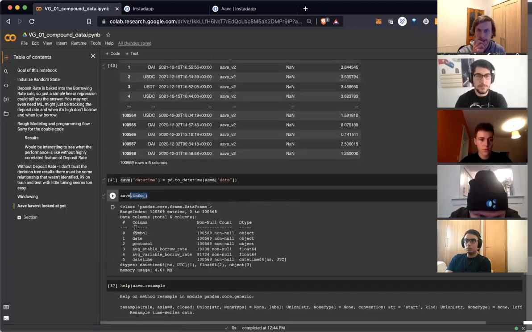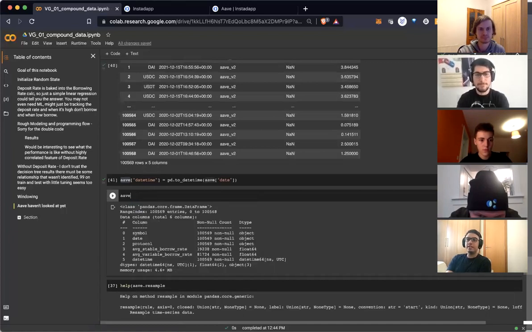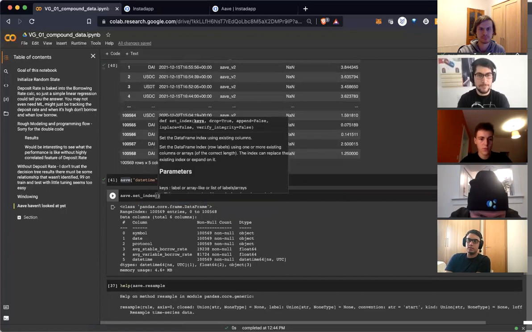Then resample. I think you have to set this datetime as the index. Okay. I think it resamples using the index. Yes.